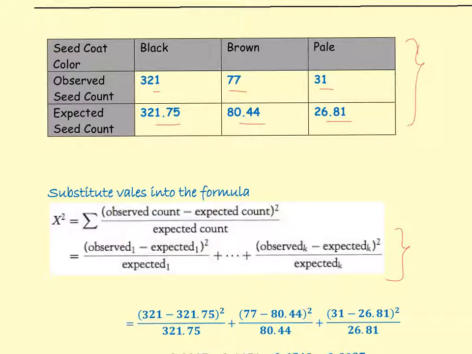So observed first minus expected, so 321 is the observed, minus expected, parentheses the whole squared, divided by what is expected, which is 321.75. 77, which is the observed brown seeds, minus the expected number of brown seeds, square it, divided by the expected count of brown seeds, and the 31 is the observed number of pale seeds minus the expected number of pale seeds, the whole square, divided by the expected number of pale seeds.